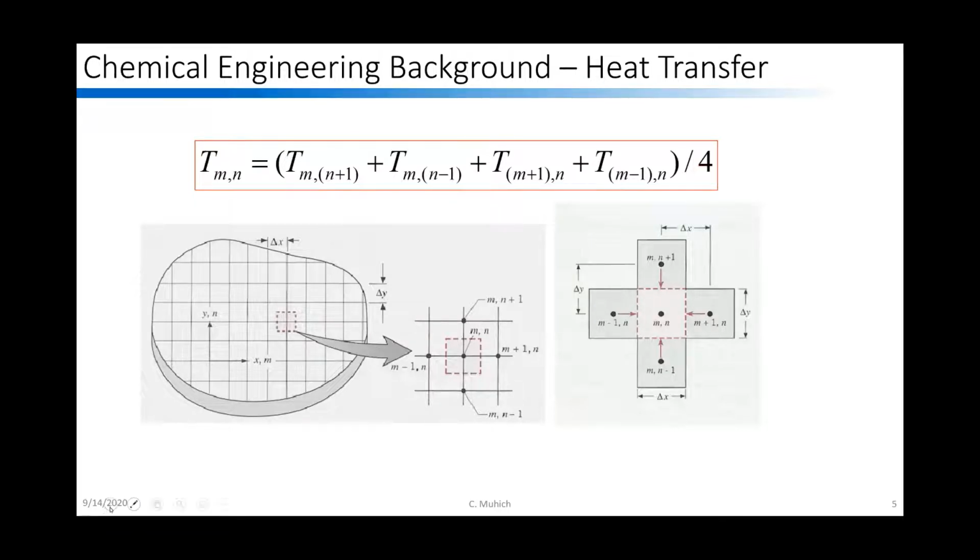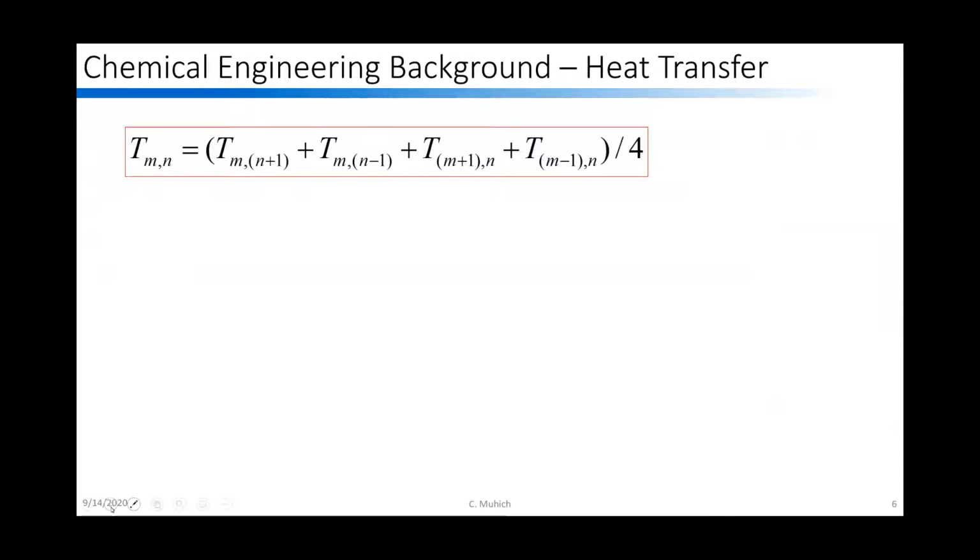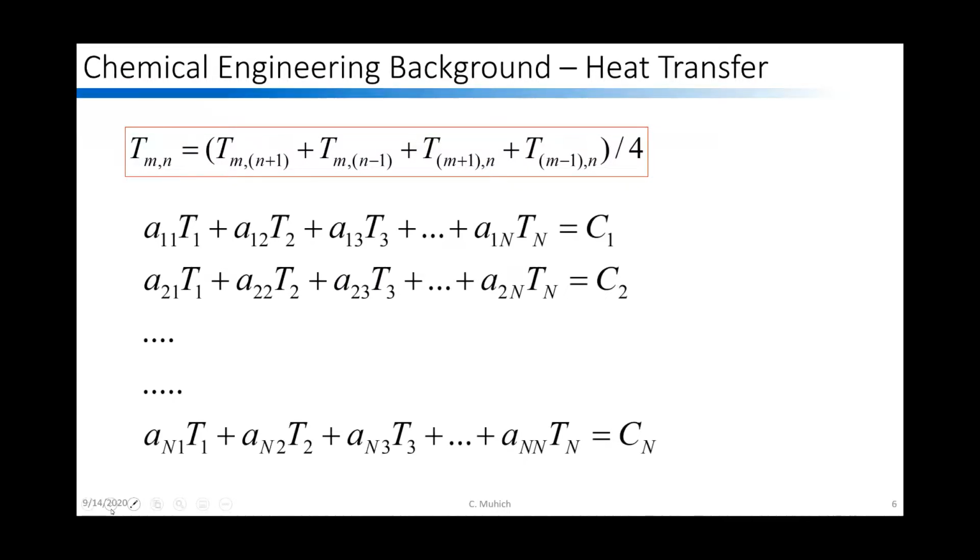And we could write this out for multiple sets of temperatures. And what you'll see is each of these equations are going to be for a different point, and they all depend on each other, right? So we have all of these interdependencies.